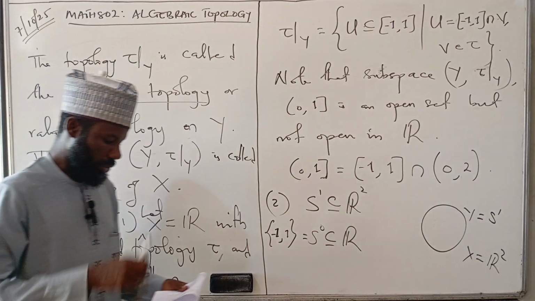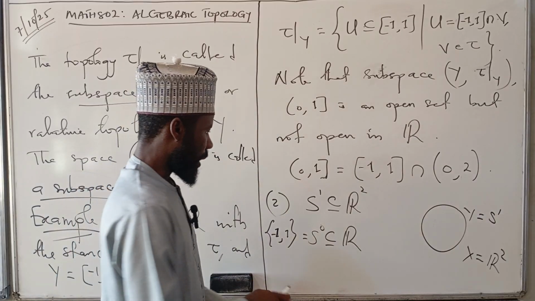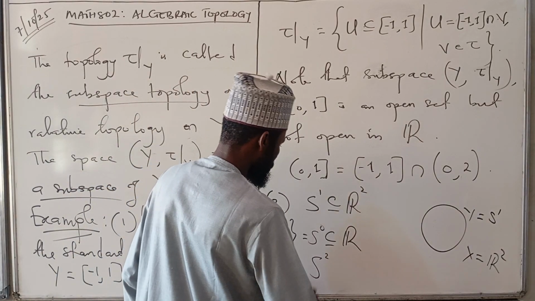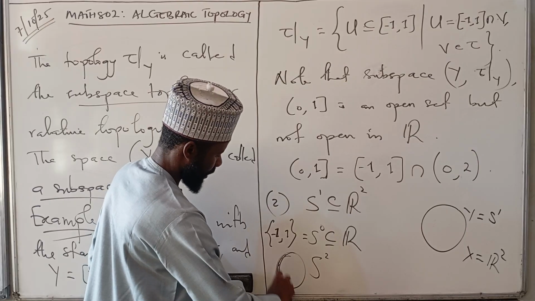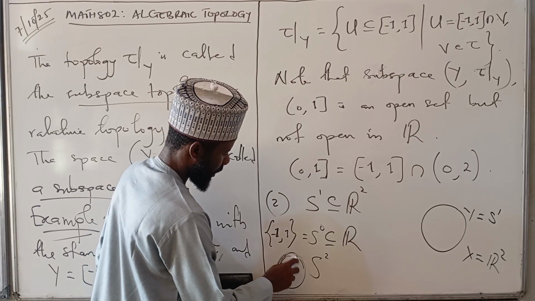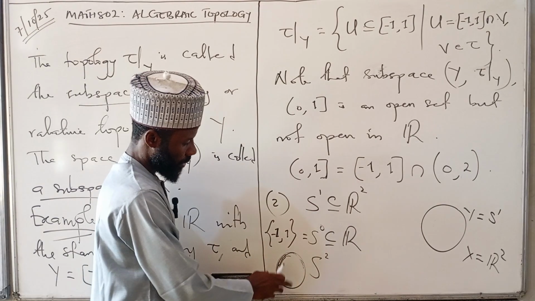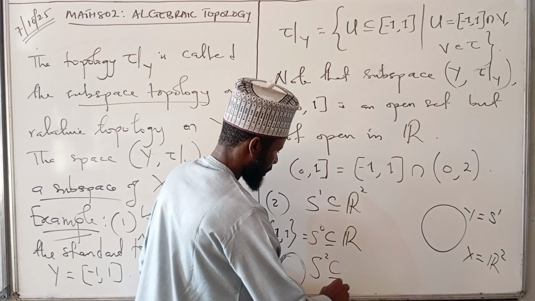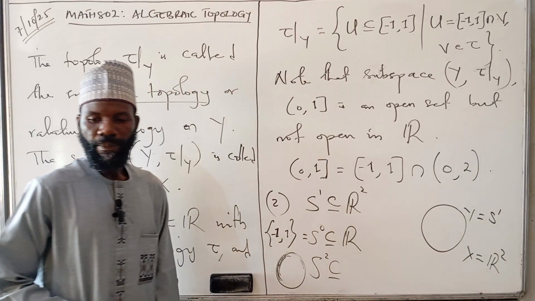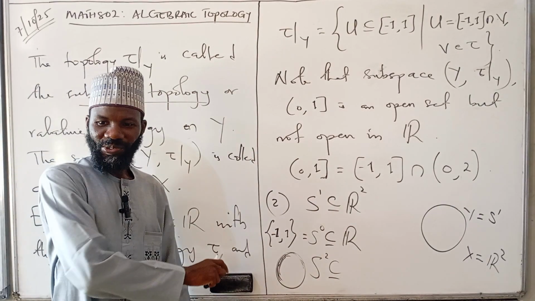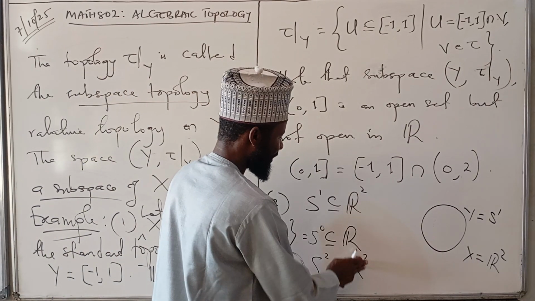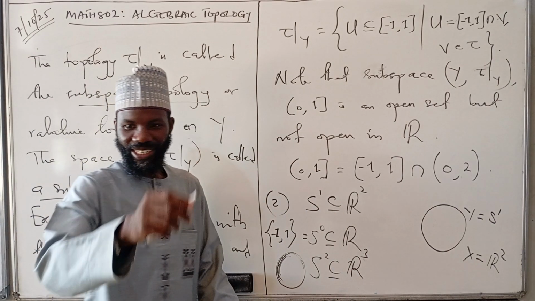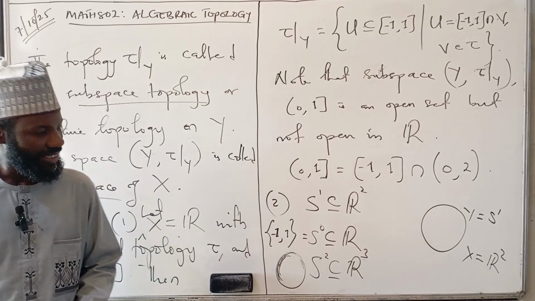Okay? And you can also see that the sphere S2 is the sphere. You can imagine a sphere like the surface of this thing. So it's existing where? This cannot exist in R2. It can only exist in R3 or higher dimensional Euclidean spaces. Okay?